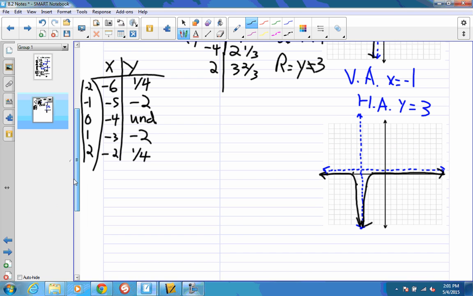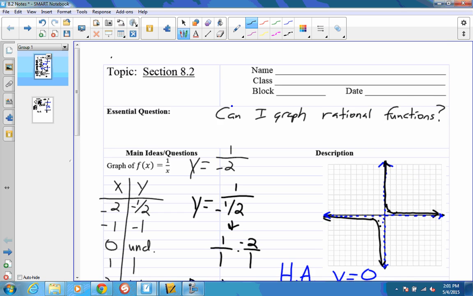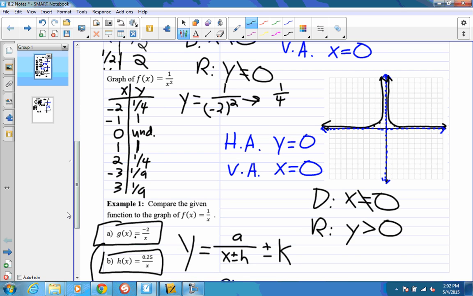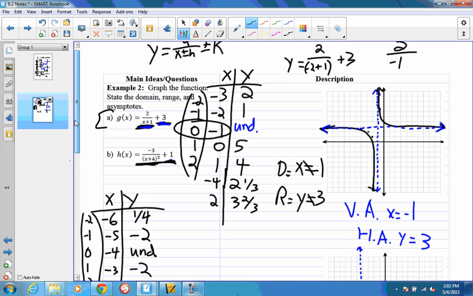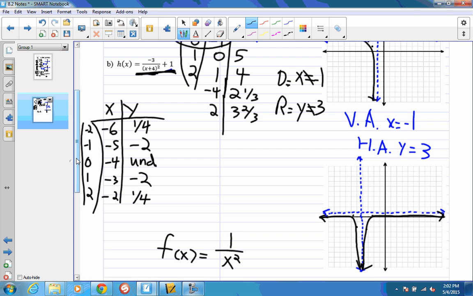So stop and look at this. Guys, my parent function for this, f of x equals 1 over x squared, right? That's my parent function. Think about how that looked. That was all positive. So when I get an a value of -3, what should happen to it? It should flip across the x-axis.